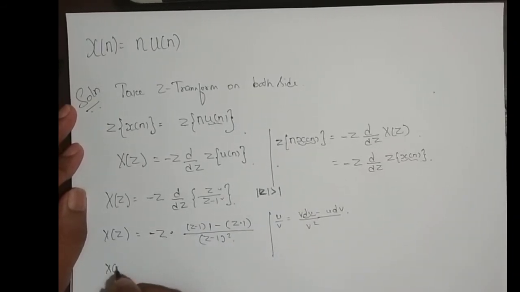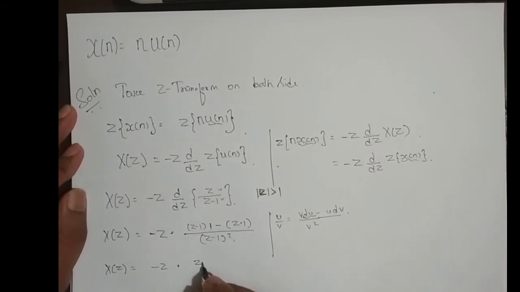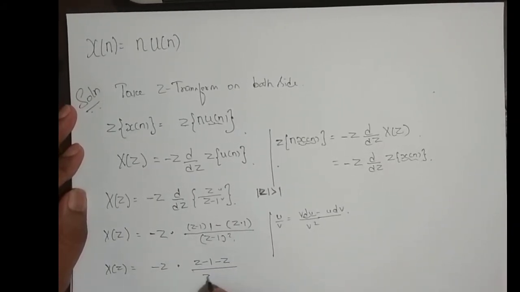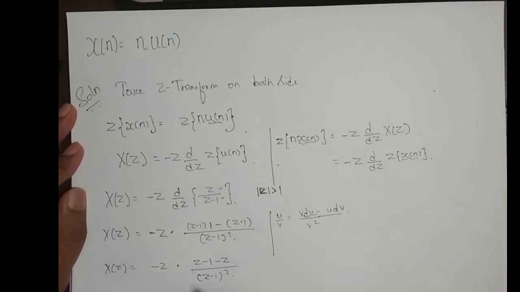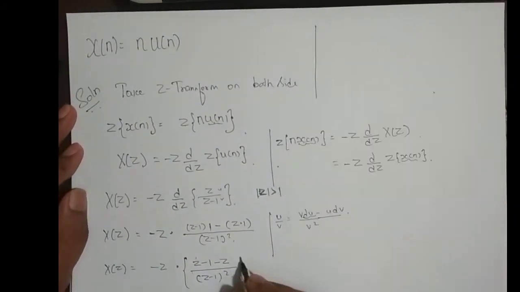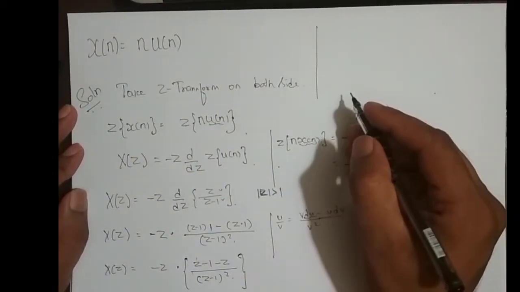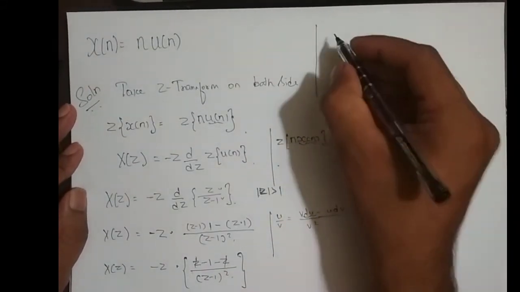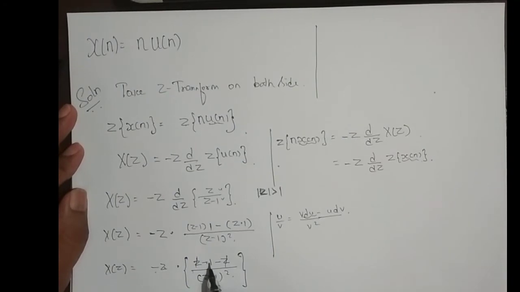So X of z is equal to minus z into, z minus 1 minus z, whole divided by z minus 1 whole square, right? So I'll write it here, I can put a bracket here, and what happens, this z and z cancels out, right? So I end up with minus z times minus 1.